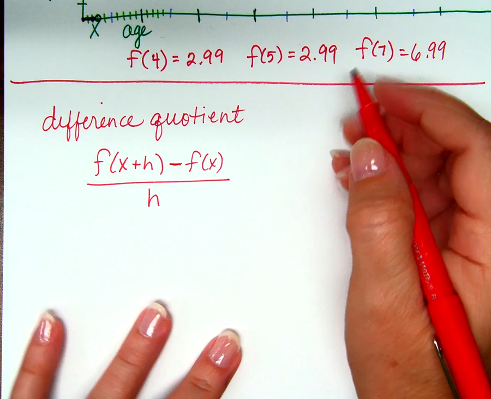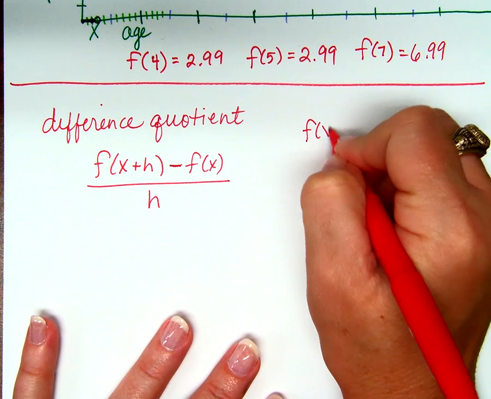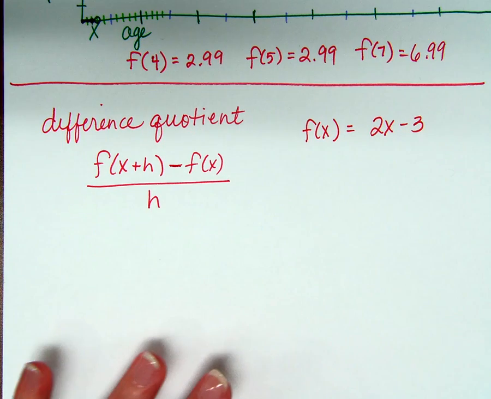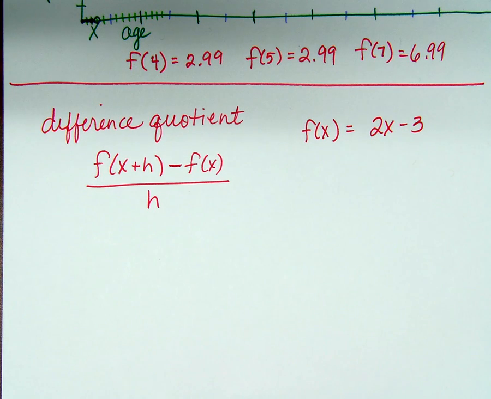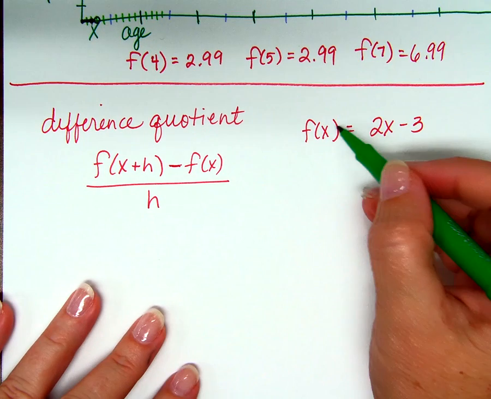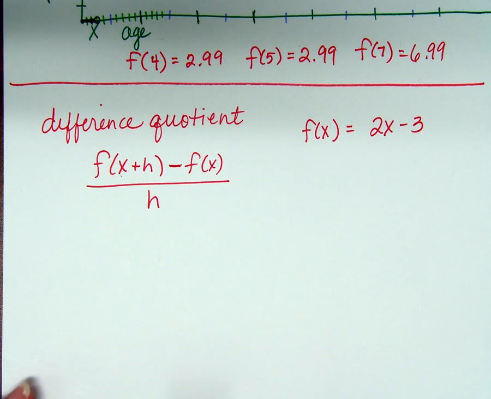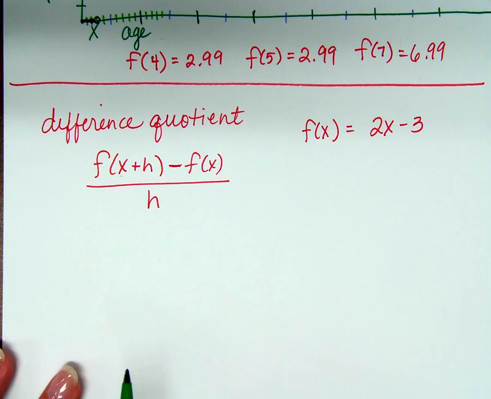Okay, so here's what happens. I say f of x equals 2x minus 3. I want you to find the difference quotient for that function. That means anywhere there's an x, for this part, what do I need to write instead? I just need to write x plus h, anywhere there's an x.